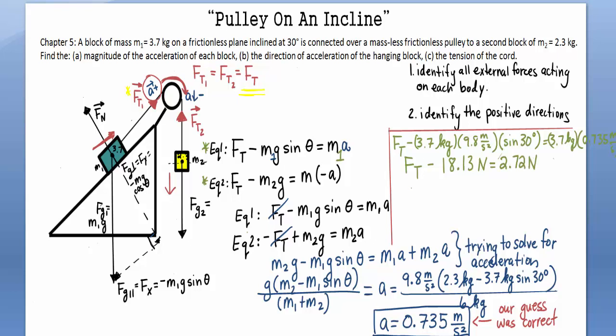Now, to solve for Ft, we just simply take 18.13 to the other side, so that would be 2.72 newtons plus 18.13 newtons, and that sums up to be what? That's 20.85 newtons.